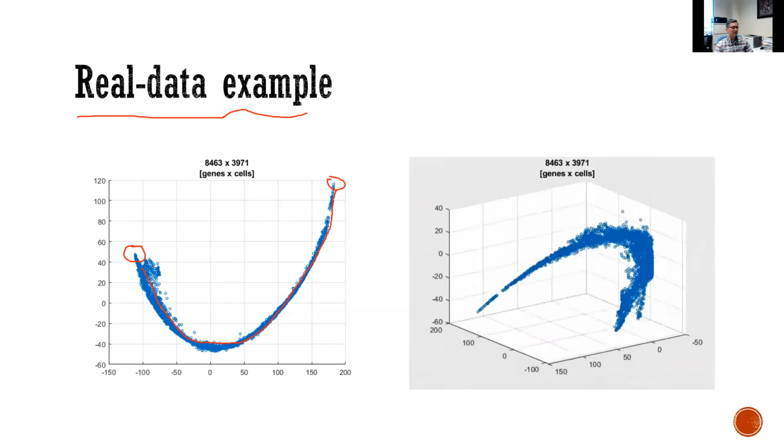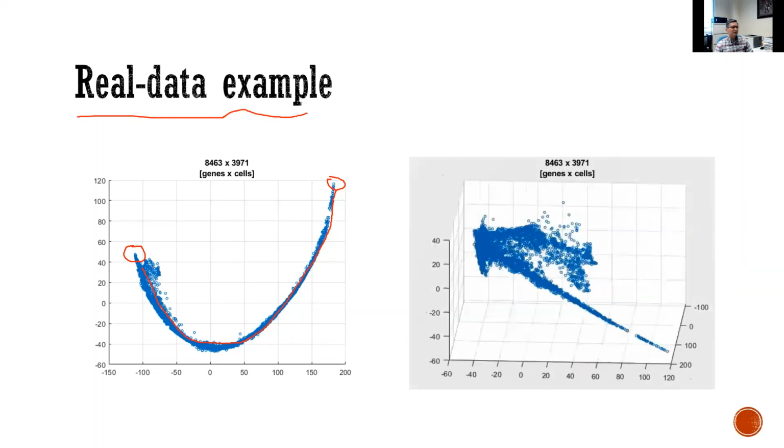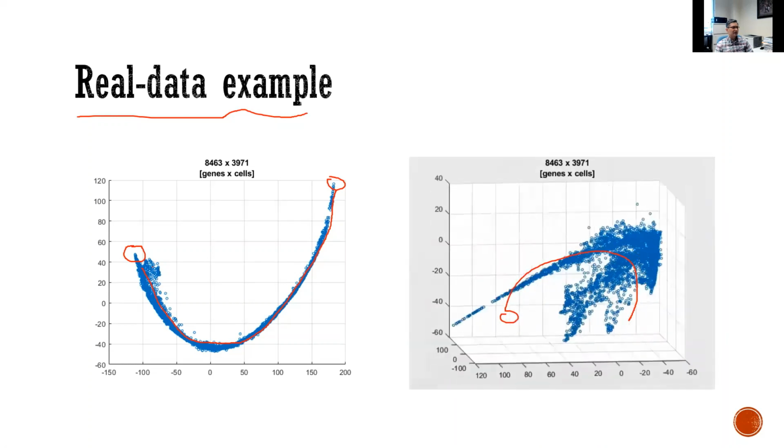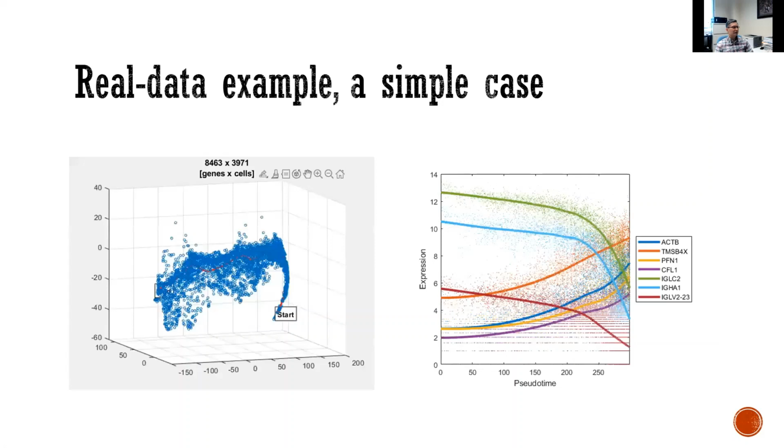You see, it's a clear trajectory from this end to this end, even in the three-dimensional space. So that's a relatively easy case. For instance, we can use this approach.